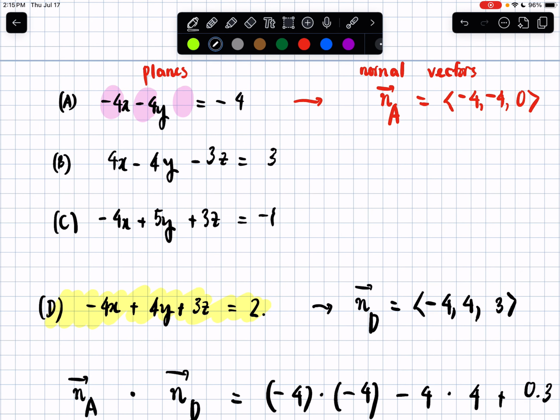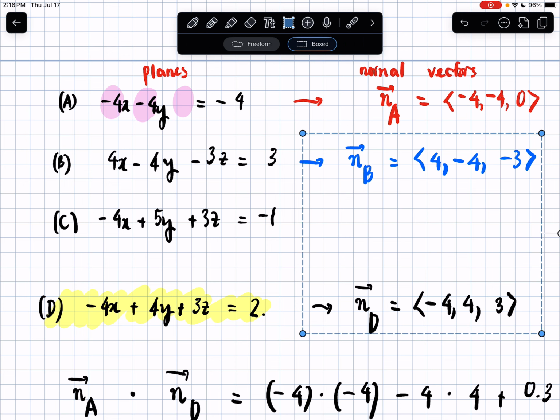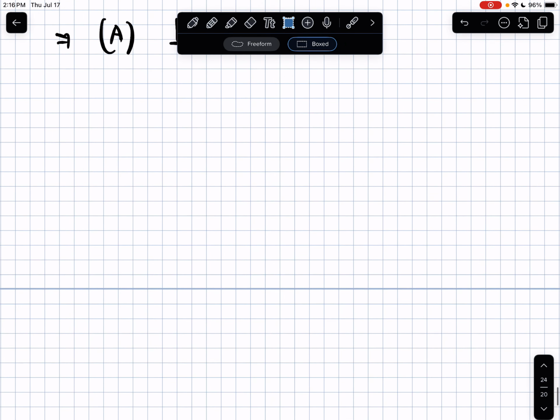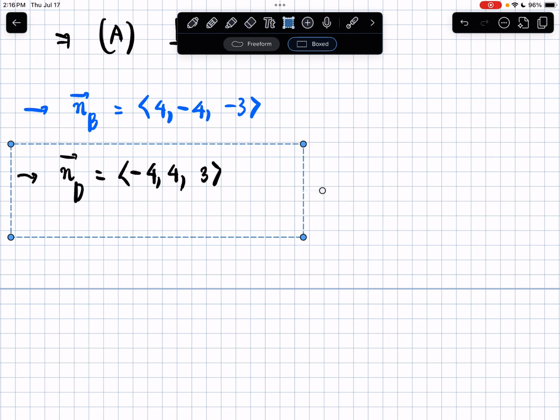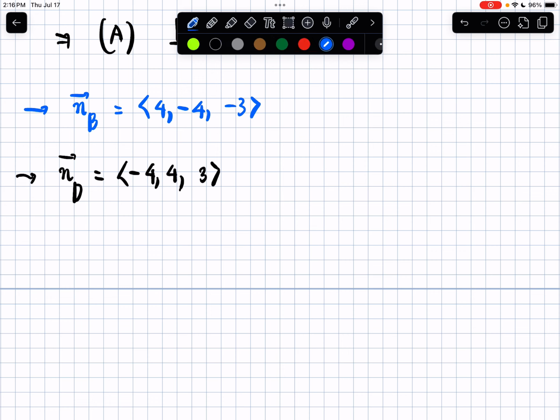Plane B: the normal vector of B is (4, -4, -3). So with the two normal vectors NB and ND, we see that NB is actually minus ND.